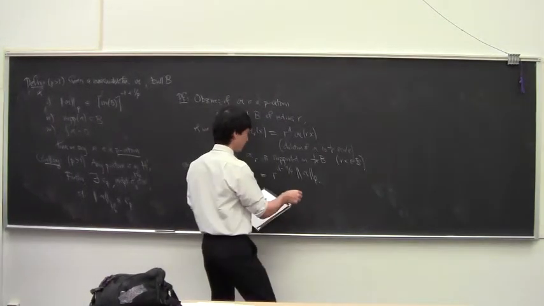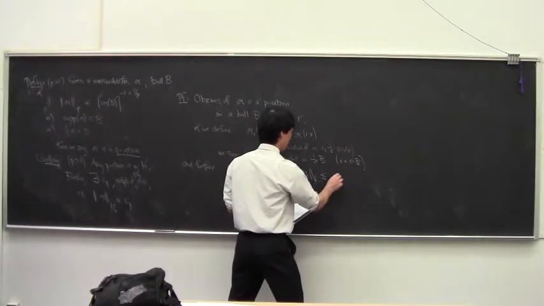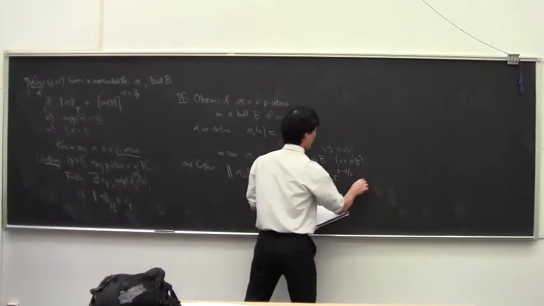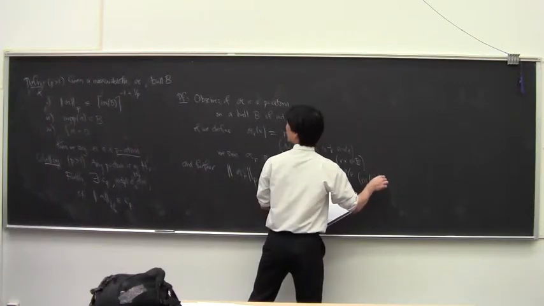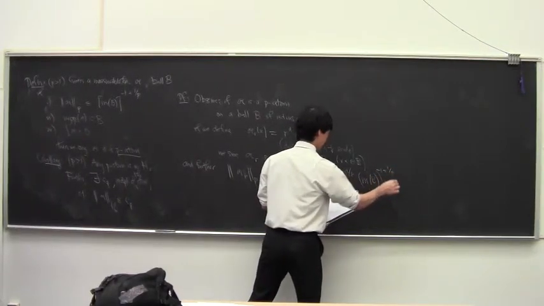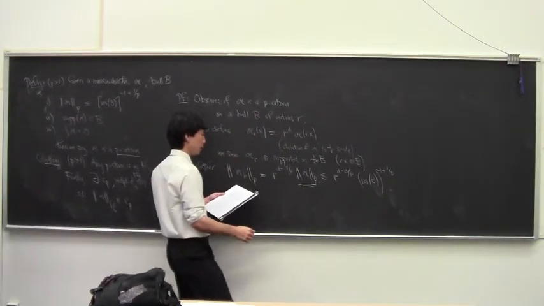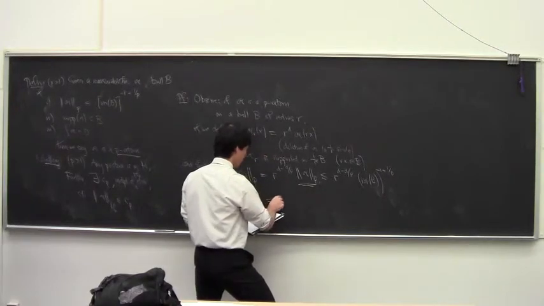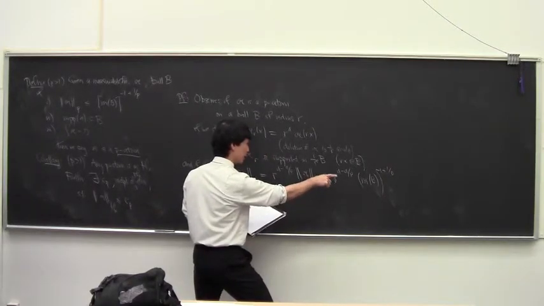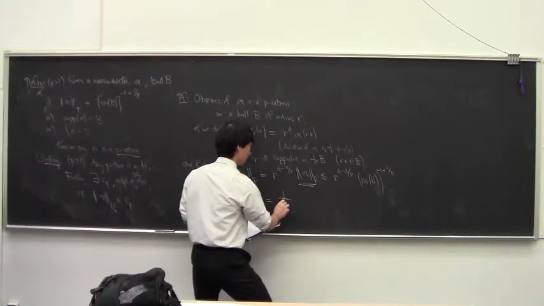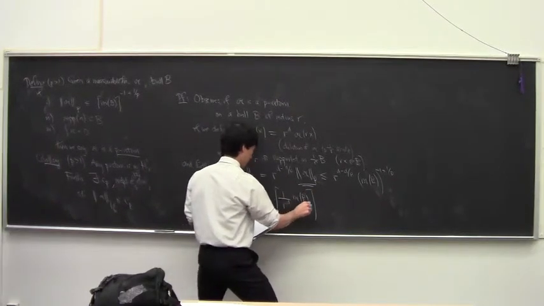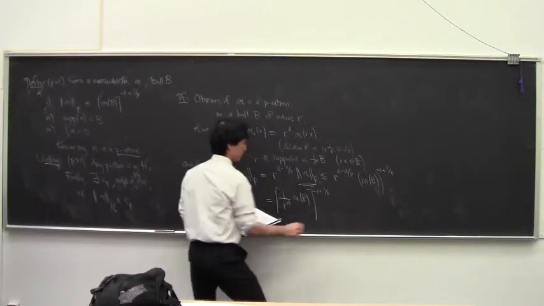By assumption, that is controlled by the measure of B to the minus 1 plus 1 over P. Putting that all together, that's 1 over r to the d times the measure of B to the negative 1 plus 1 over P.